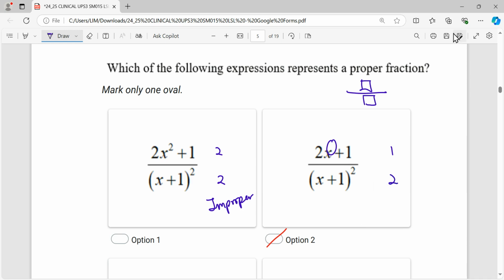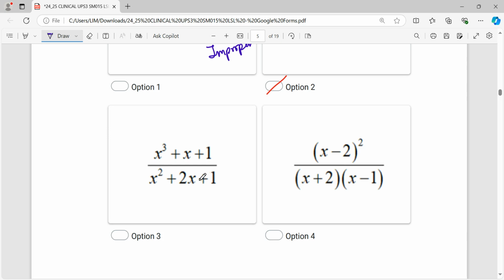So this is proper. So proper means the maximum power at the numerator must be smaller than the denominator. So when you see option 3, this maximum power is 3. This is 2. So this is improper. And we look at this, when we expand, we get a quadratic. When x times x also, we can get a quadratic. So this is improper.